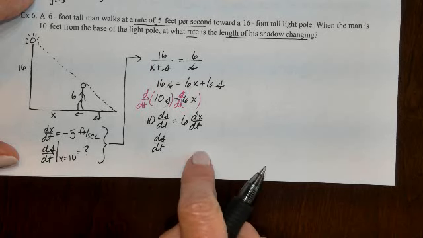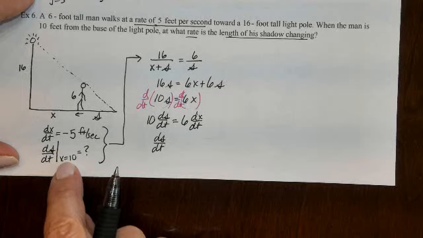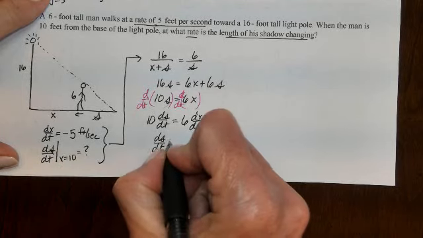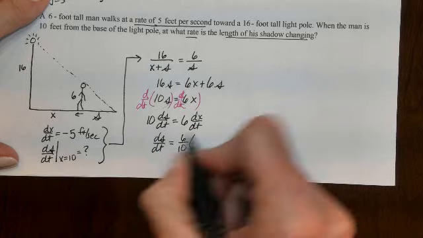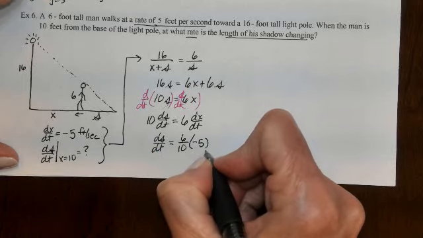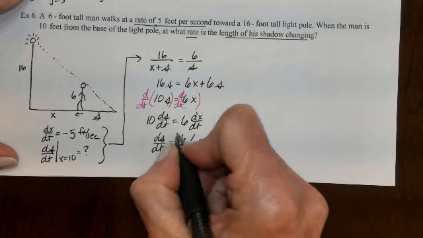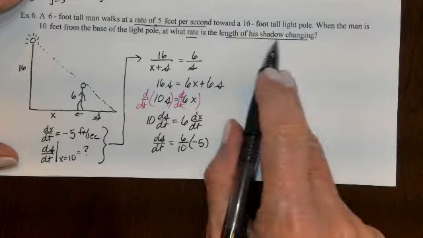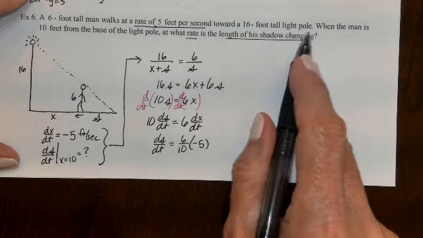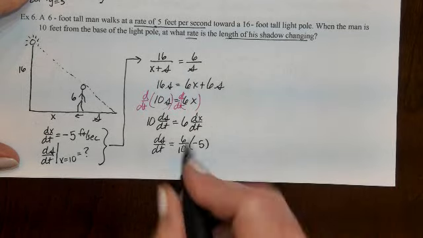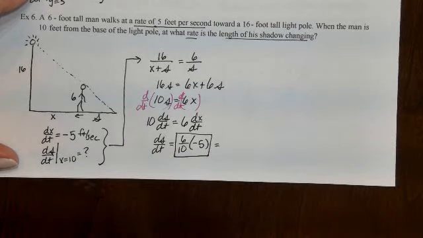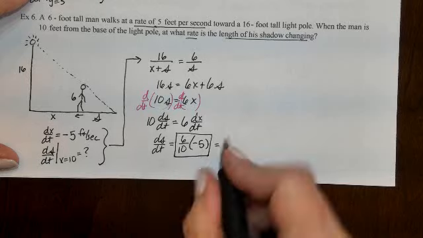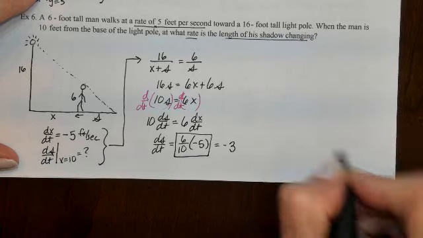So ds/dt will be 6 divided by 10 times dx/dt, which is negative 5. I wait till the end to see if I have to write units or not. They did not ask me for units, so I'm just going to stop there. Of course, if you have this as a multiple choice question, this is negative 30 over 10, so that's negative 3.